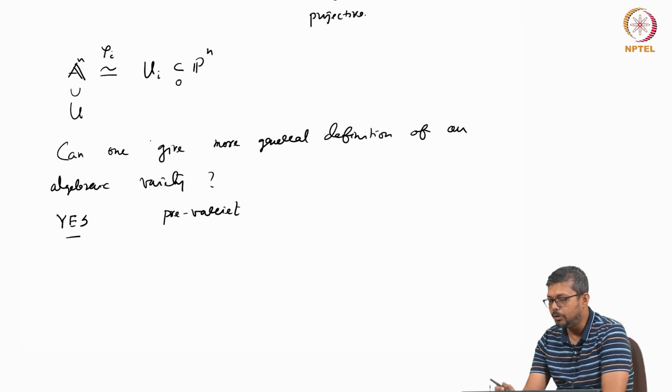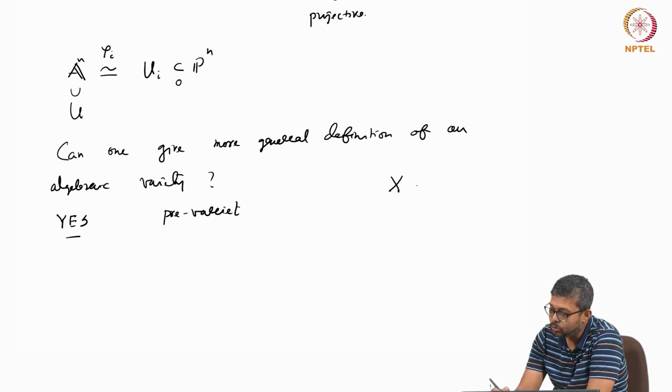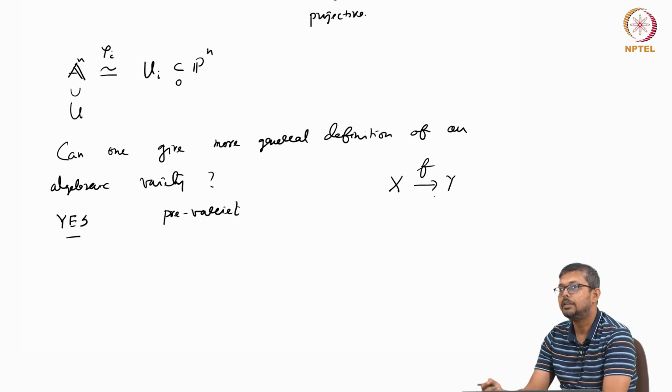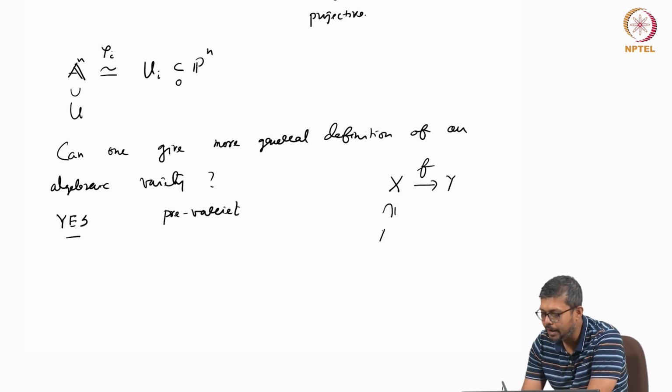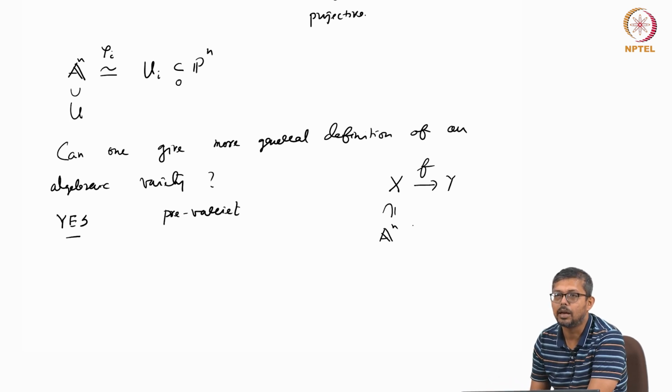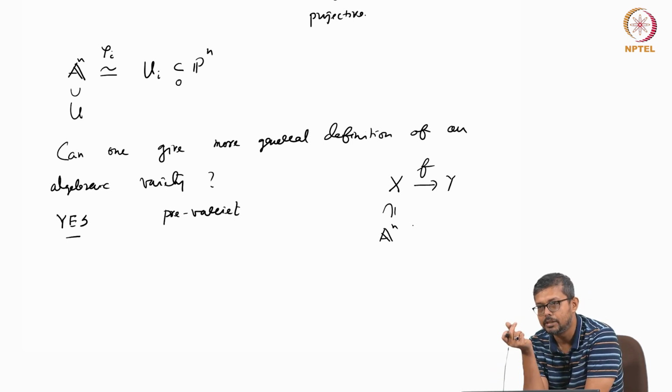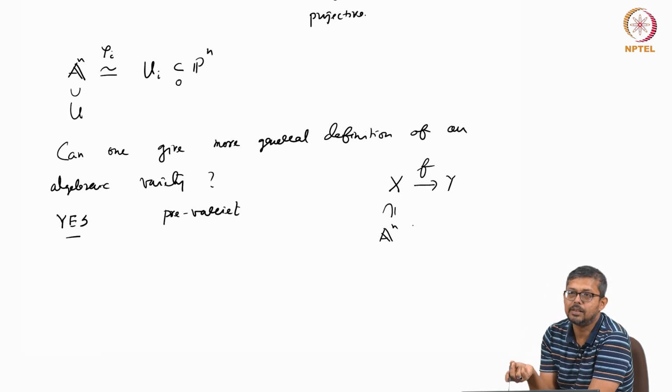Because when you do a map of topological spaces, it's an abstract map, right? Similarly, we want to define a map of algebraic varieties. I don't want to put it inside some A^n or C^n or P^n and then do the calculation, because you may have two things that look different but are isomorphic.